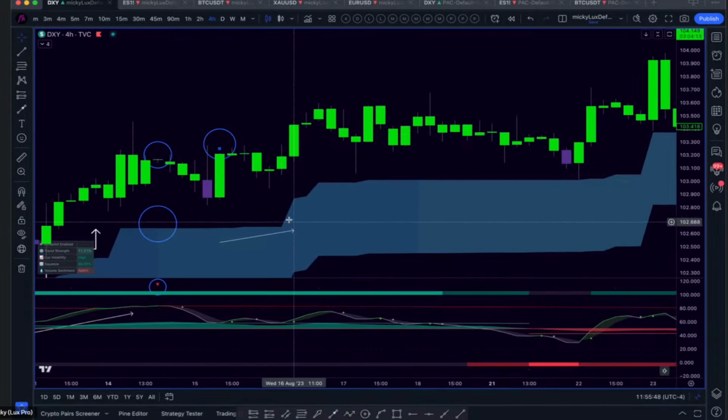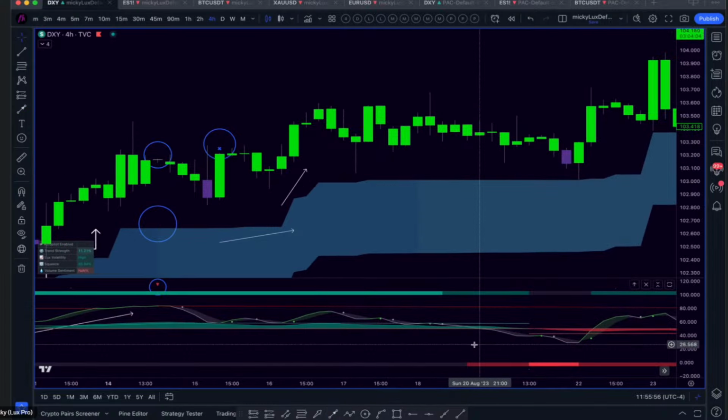Now we get a larger stair step up, right? You're holding. Okay, so this is the Neo Cloud. It's a unique twist on how I use it, and hopefully it brings value to the VIP group.